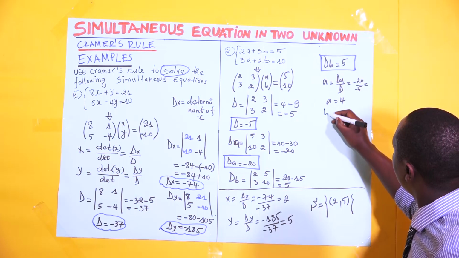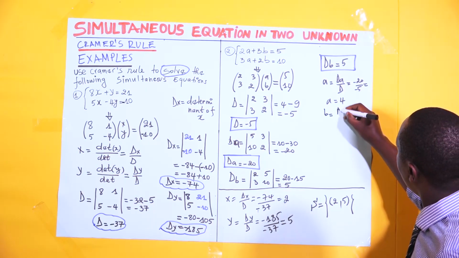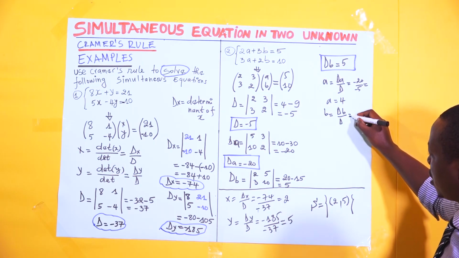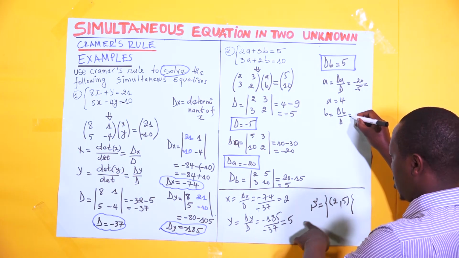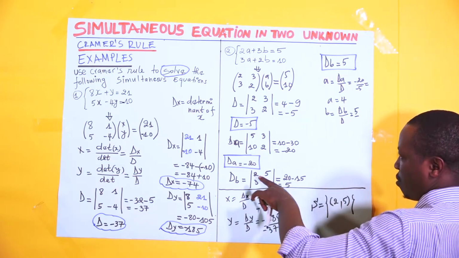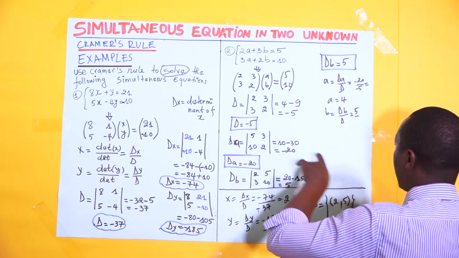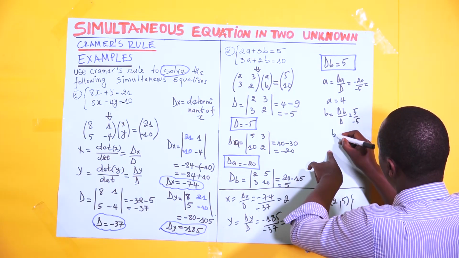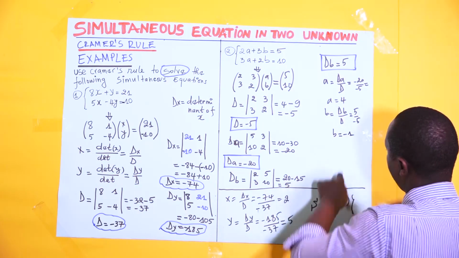How do you find b? b equals determinant for b divided by determinant. The determinant for b is 5, divided by the determinant, which is negative 5. So the answer is b equals negative 1.